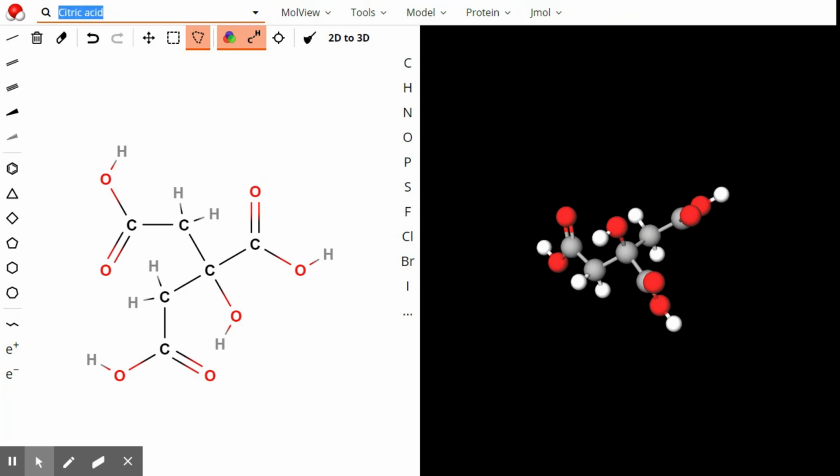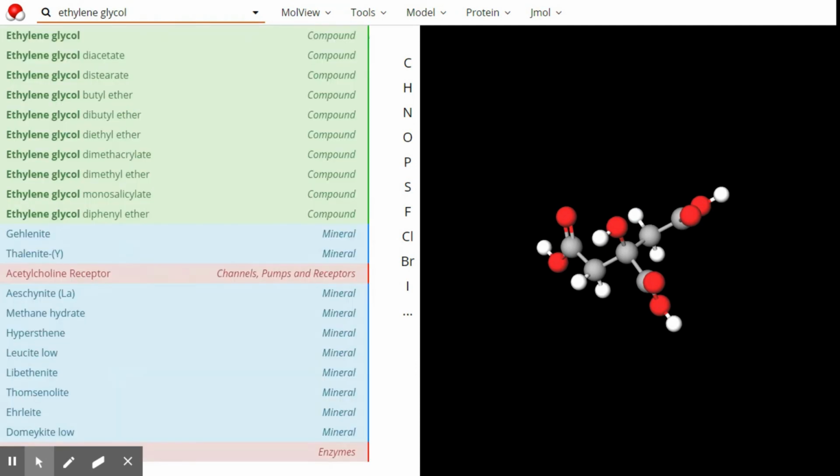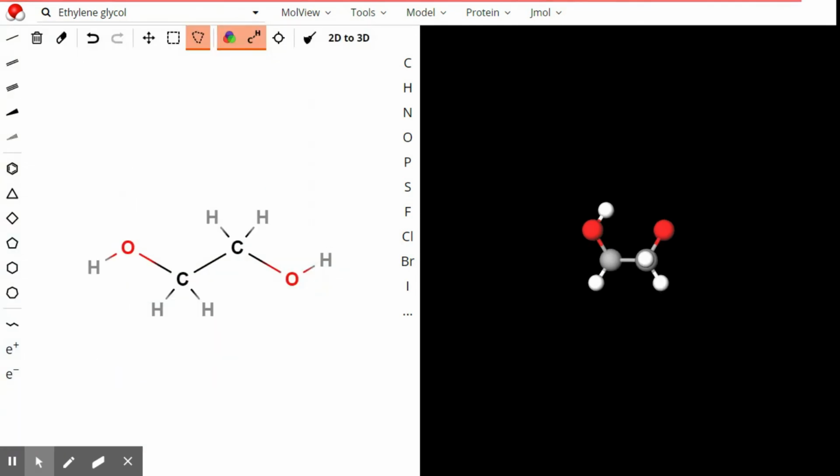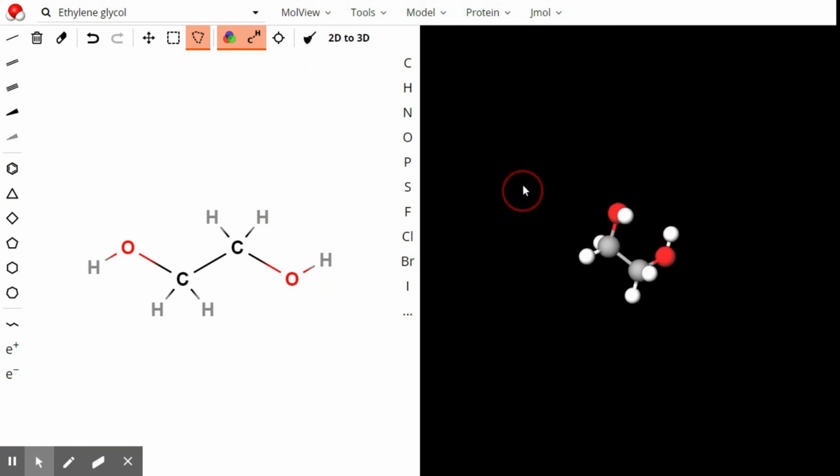Let's do one more. Let's do ethylene glycol. Since we were talking about cars earlier, ethylene glycol is one of the chemicals you can use for coolant. It's an antifreeze. This little guy is our antifreeze molecule, typically.